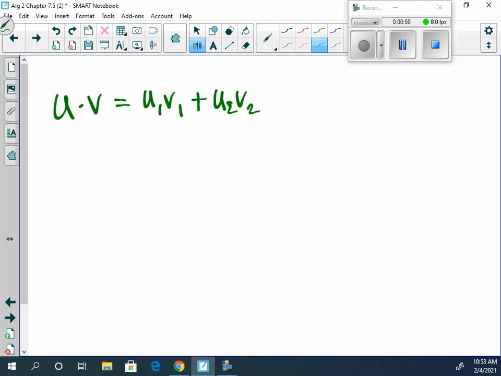Let me just look at this to make sure I didn't flip the signs. Yeah, u dot v is u1 v1 plus u2 v2. Yep. So give me the vector u.